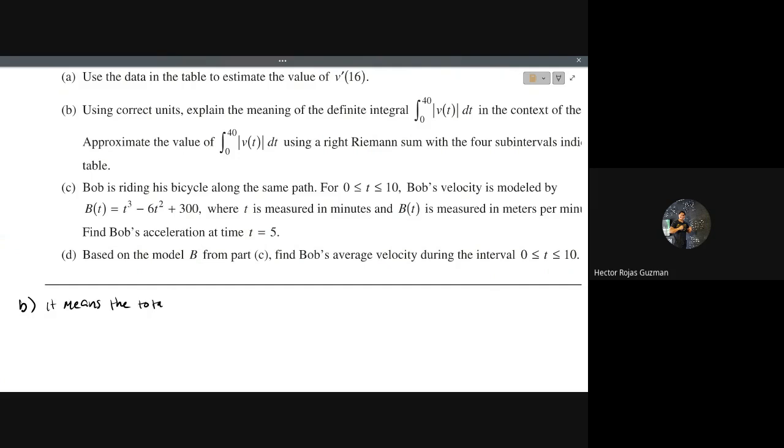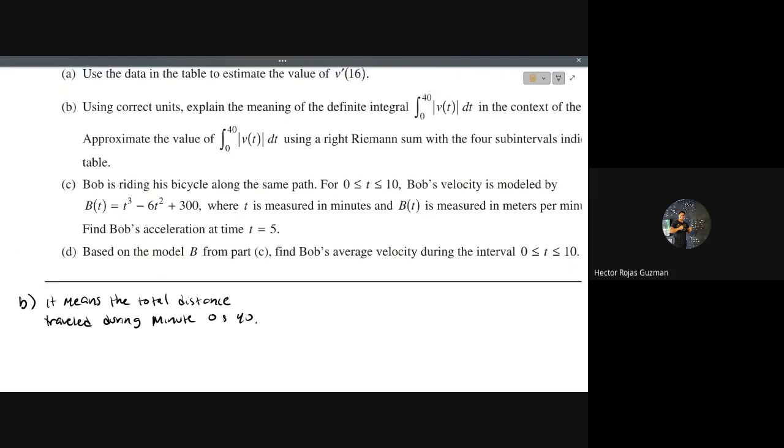The total distance traveled, jogged, whatever you want to say, during, is it minutes? Yes, it is. During minute 0 and 40, or during the first 40 minutes, however you want to phrase it.